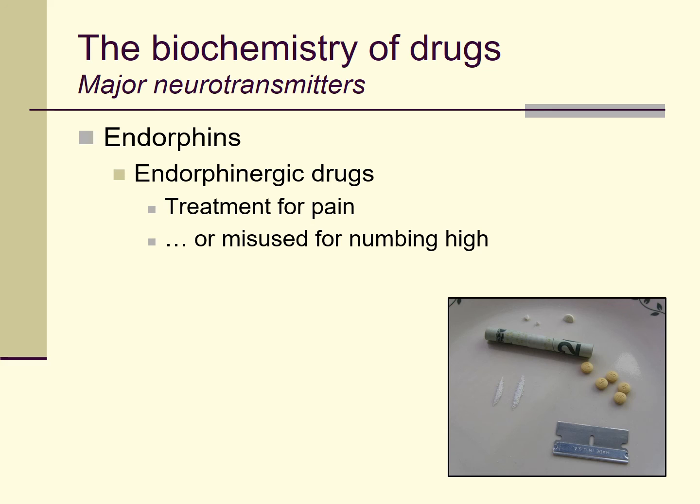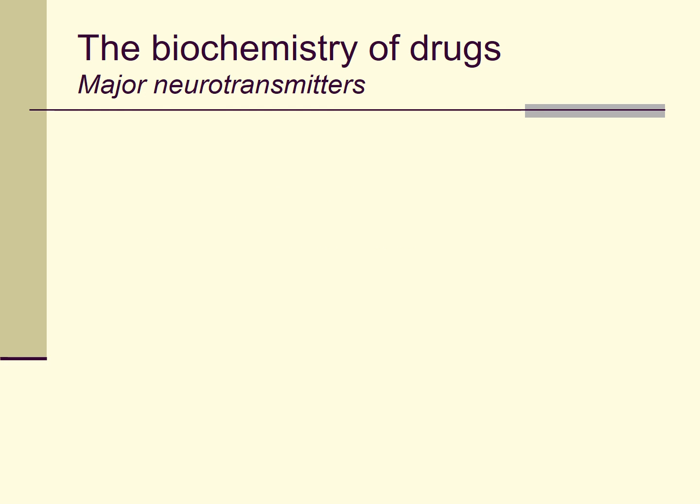And I'll feel a really strong sense of numbing as all the pain goes away, and a kind of weird, pleasant high. Also, if I use too much of it, I could easily overpower some of the endorphin systems in my brainstem, and I could even slow down my heart or stop my breathing and die. So these can be very dangerous drugs to misuse, as I've talked about in previous lectures.